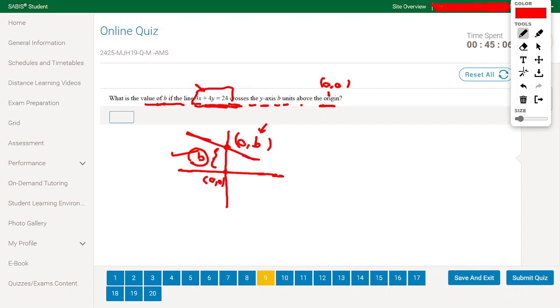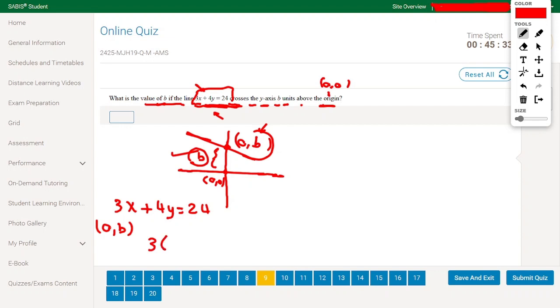So let's substitute this point in the line equation to get b. So I have 3x plus 4y equal to 24. Now the line crosses the y-axis b units above the origin, so this point, which is 0 and b, is a solution for this line. So let's substitute 0 and b in the equation.